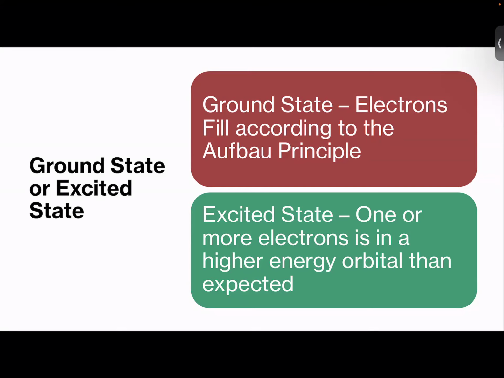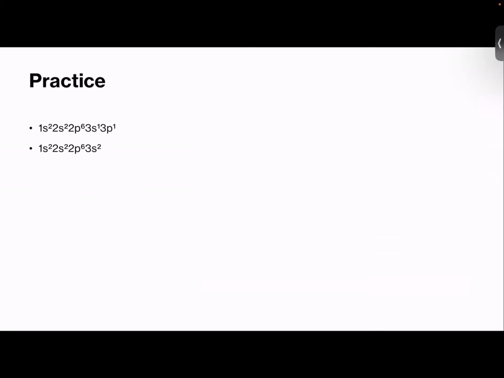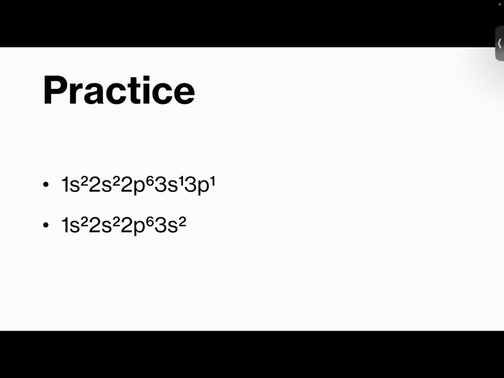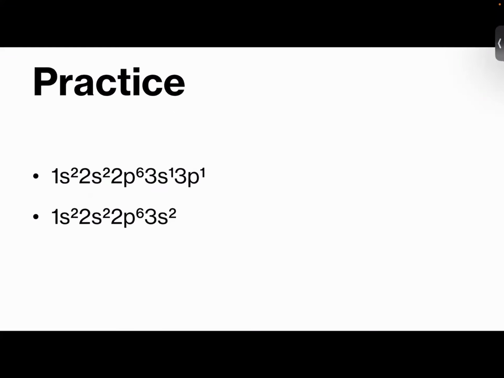So let's look at an example. First of all, add up the electrons. That is the first thing you should do. I have 2 plus 2 is 4 plus 6 is 10 plus 1 is 11 plus 1 is 12. What element is it? Magnesium.